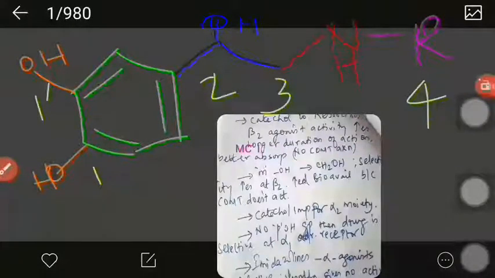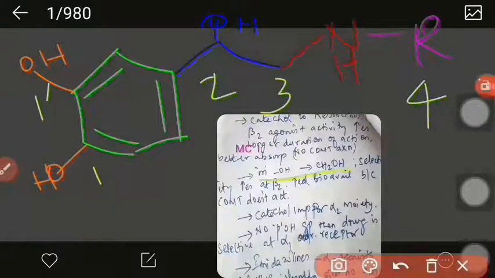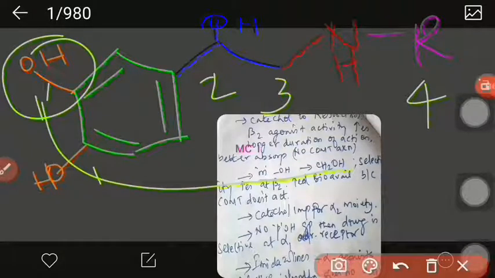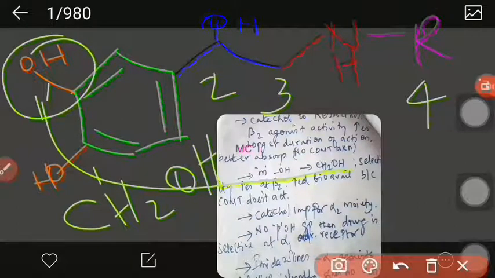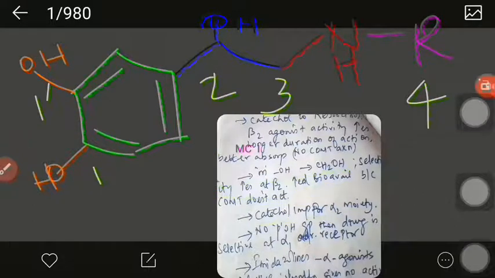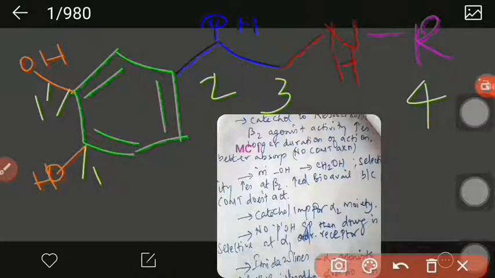If there is meta hydroxy substitution, this is the meta hydroxy. If this is converted to CH2OH, then activity, bioavailability and beta adrenergic activity are increased, and catechol is important. What is that catechol? Catechol, adjacent hydroxyl groups, must be important. If there is no para-hydroxyl group, then the drug is selective at the alpha 1 receptor.